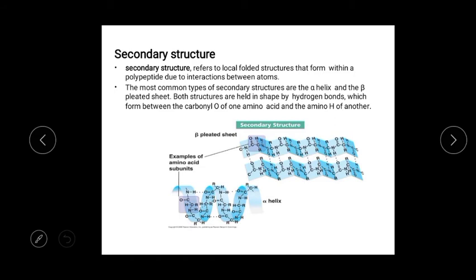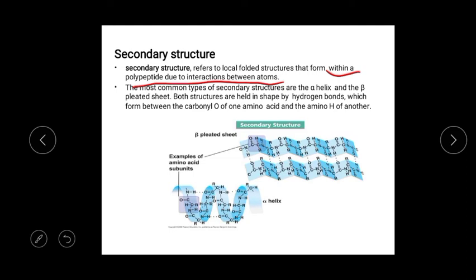Then the secondary structure. It is a folded structure. There is an attachment of the polypeptide due to interaction between atoms. It is like a pleated sheet. The secondary structure is further classified as alpha helix and beta pleated sheets.